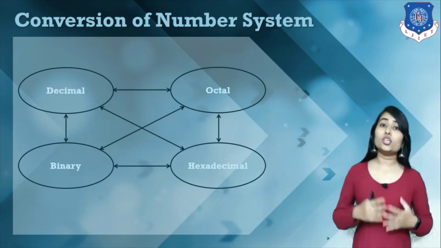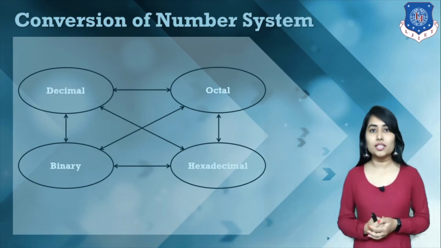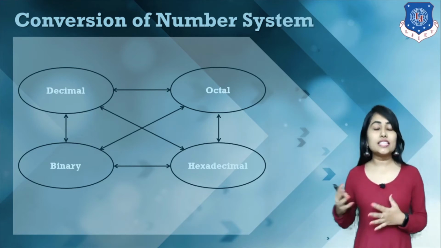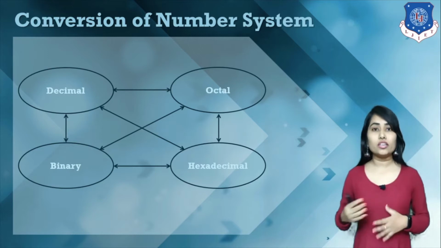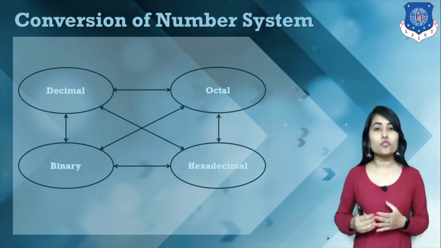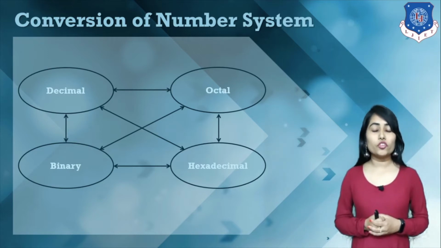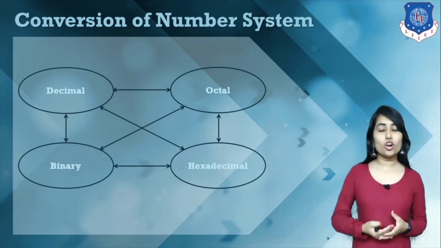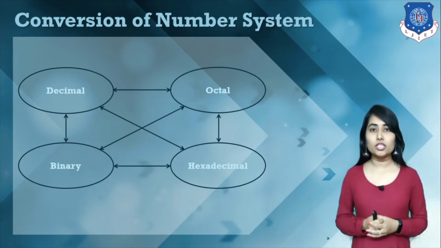Now, as humans we work on the decimal number system, but our computers and other digital equipment in real-time applications use different types of number systems. For example, our computer uses binary, and other digital systems use either octal or hexadecimal.